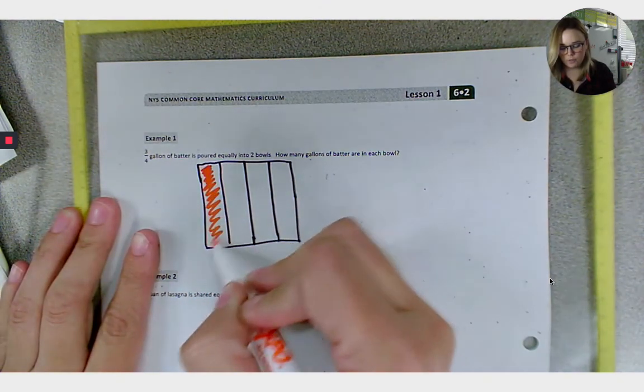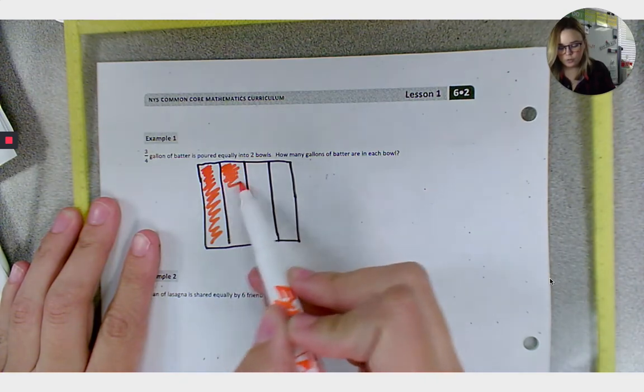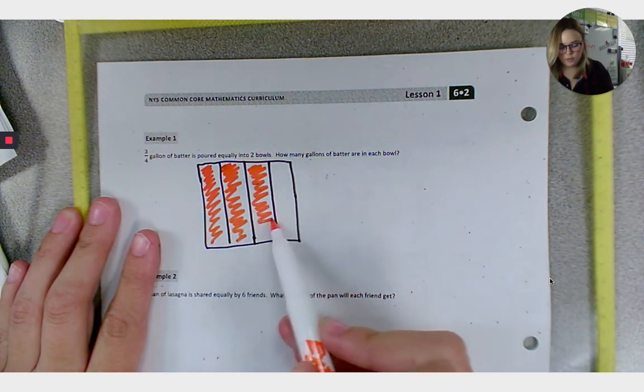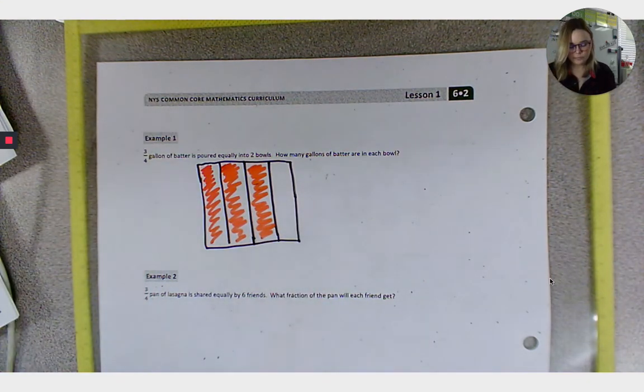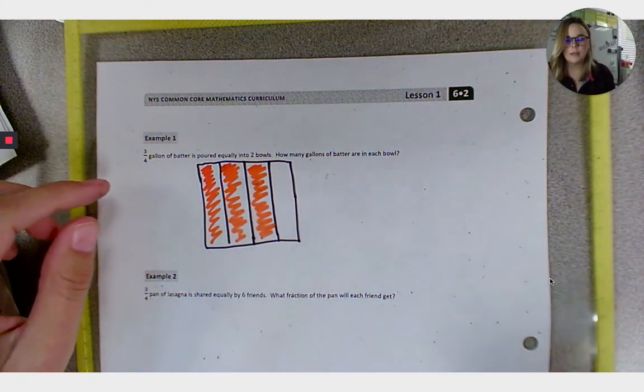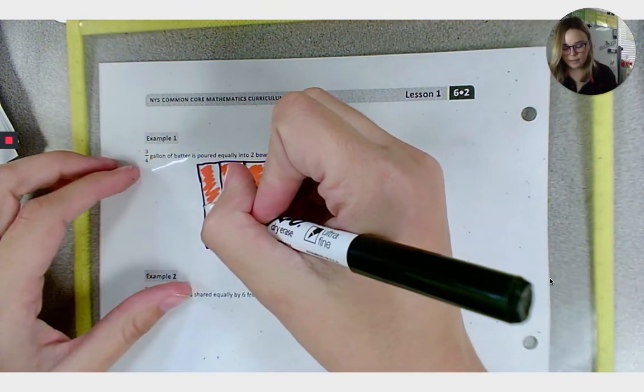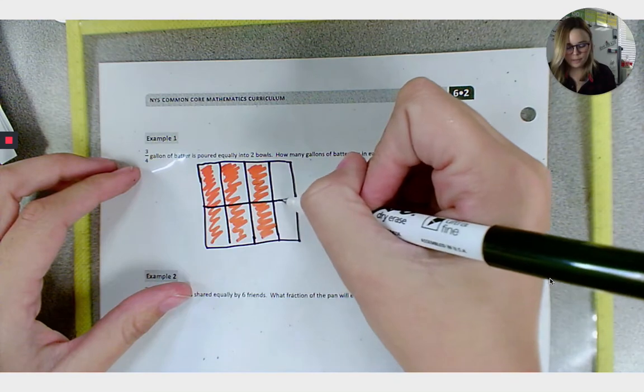So I have 1/4, 2/4, and 3/4. Then it says that we're dividing it equally into 2 bowls. So I'm going to divide this model into 2.